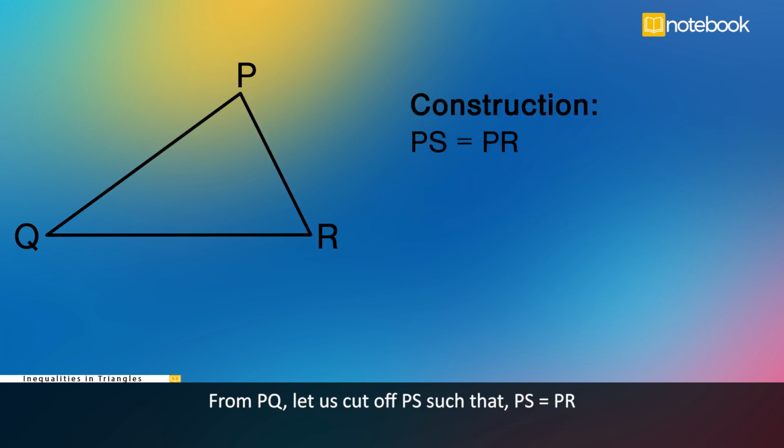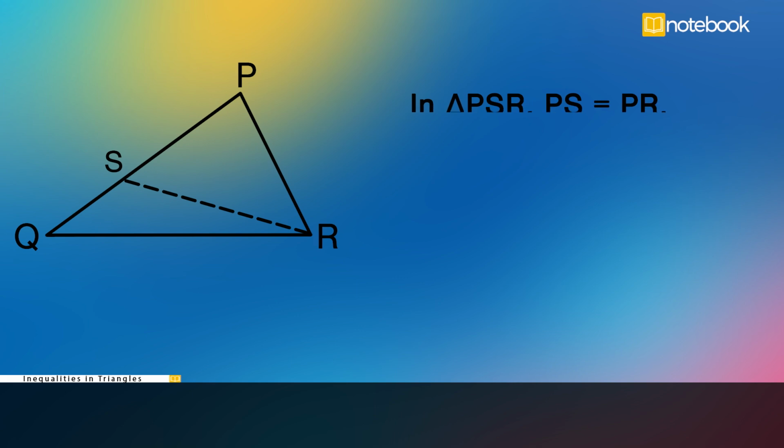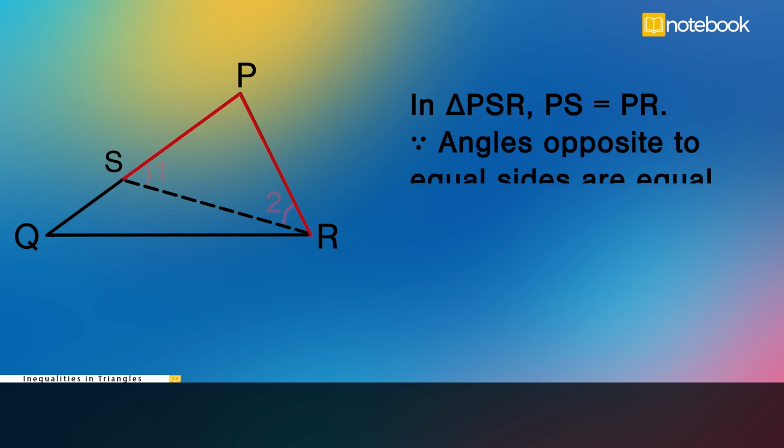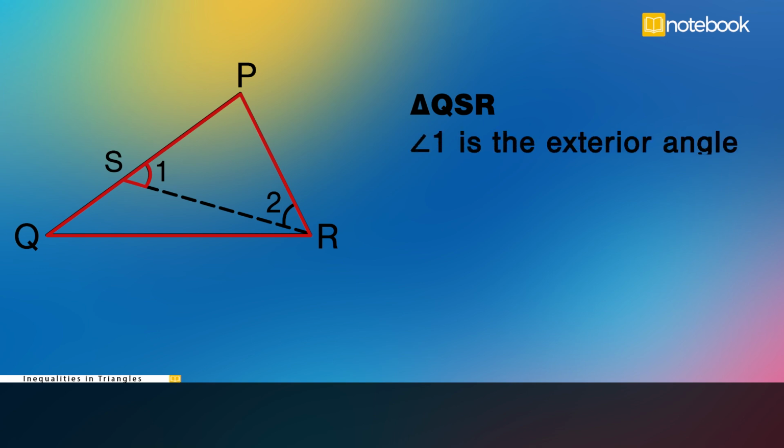From PQ, let us cut off PS such that PS is equal to PR. Join SR. By this construction, in triangle PSR, we have PS is equal to PR. Since angles opposite to equal sides are equal, therefore angle 1 is equal to angle 2. Consider triangle QSR. Angle 1 is the exterior angle of triangle QSR, and an exterior angle is always greater than the interior opposite angle.